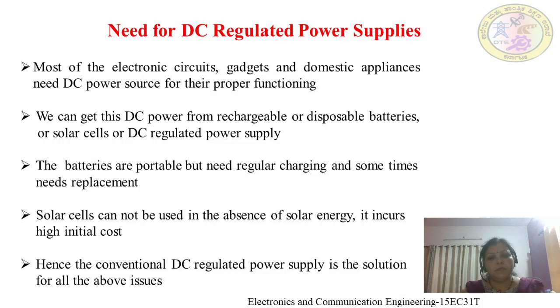We depend on batteries only to power up those circuitries. But in most cases which require a continuous DC power supply, we cannot depend on rechargeable or disposable batteries. The next option is solar cells.